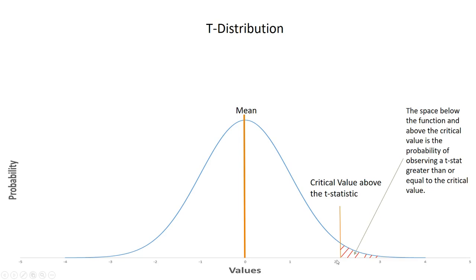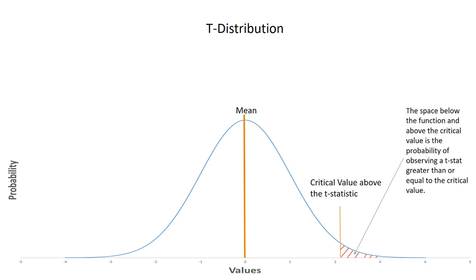The space below the function and above the critical value, shaded partially here in red, is the probability of observing a t-statistic greater than or equal to the critical value.